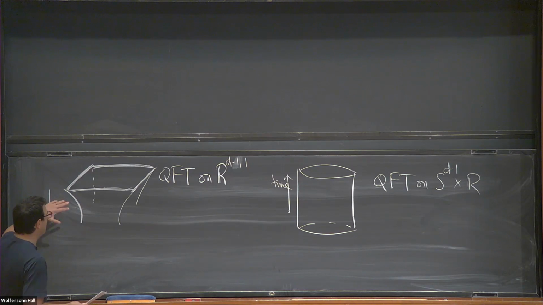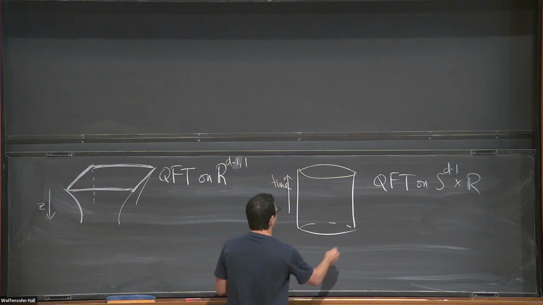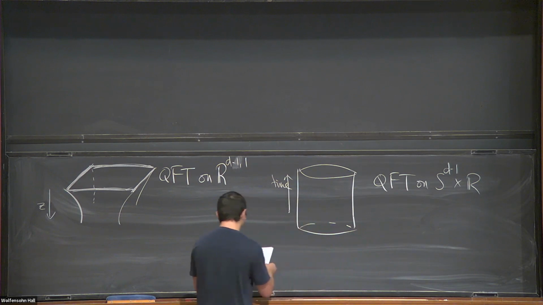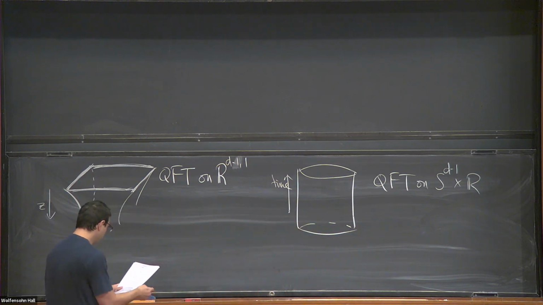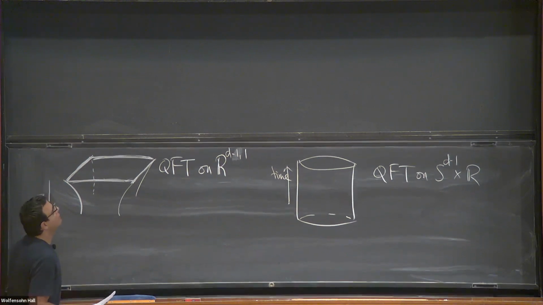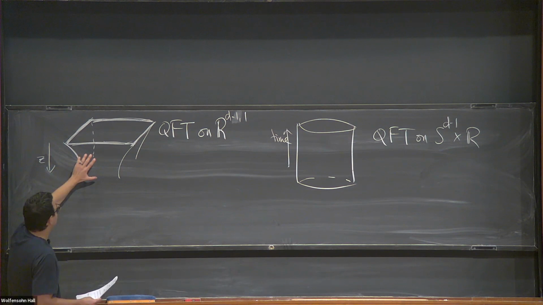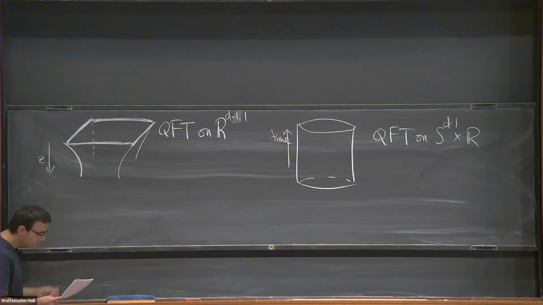But it can be described by gravity in the bulk, the entire space. These spaces are anti-de Sitter space. I'll write down what it is in a bit. This would be an example of a space in the bulk.